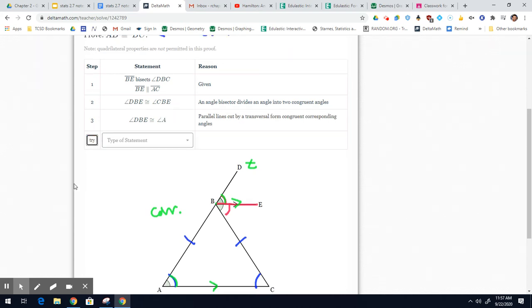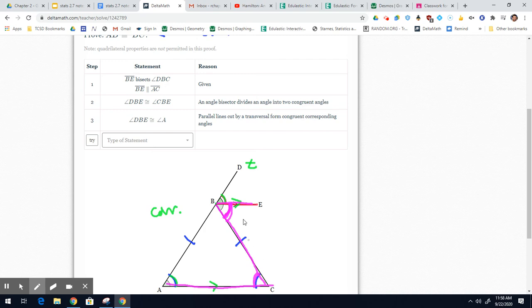Nice. Okay, now what about these angles here? I'll do them in purple. What about this angle? Well, again, parallel lines. Here's your transversal. Do you see the Z? This angle right here is going to be congruent to this angle.